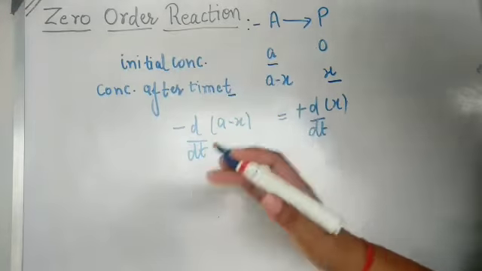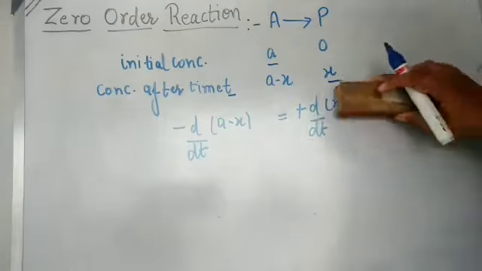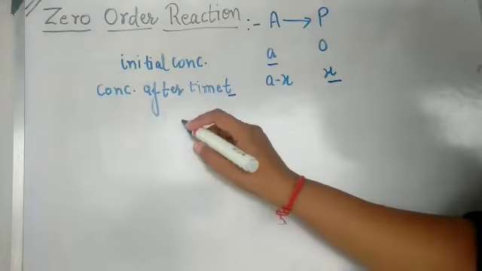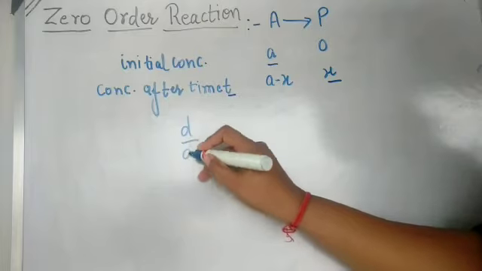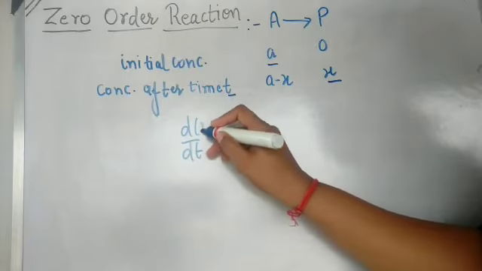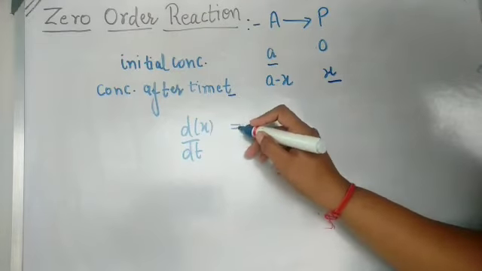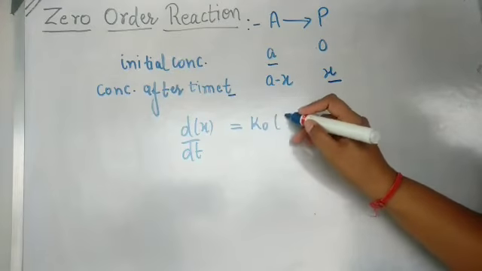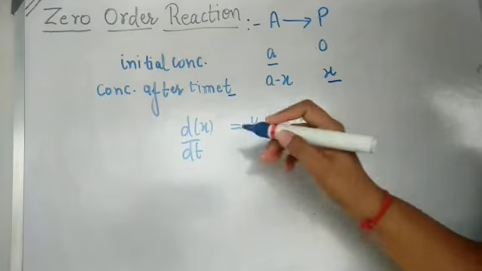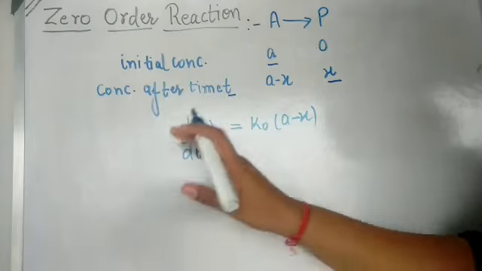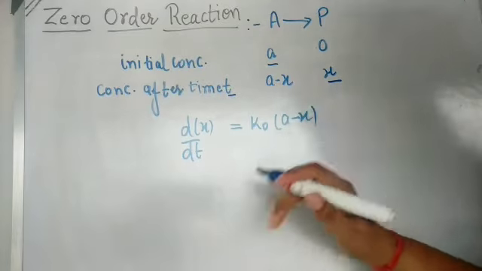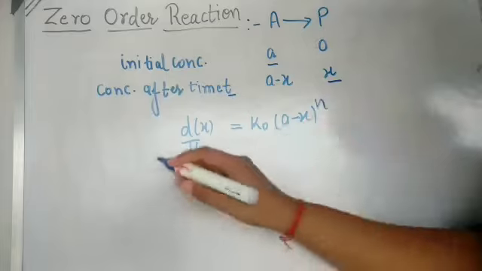Now we know that the rate of reaction is directly proportional to the concentration of the reactant, right? So you can write rate of reaction as K naught or K times A minus X, because the rate of reaction is directly proportional to the concentration of your reactant raised to power n.